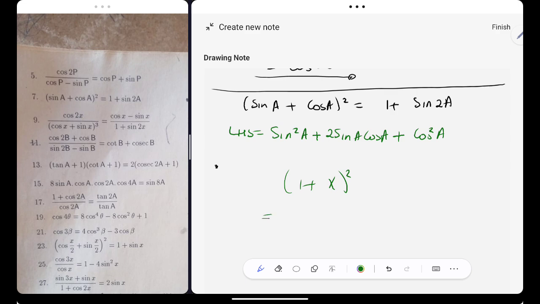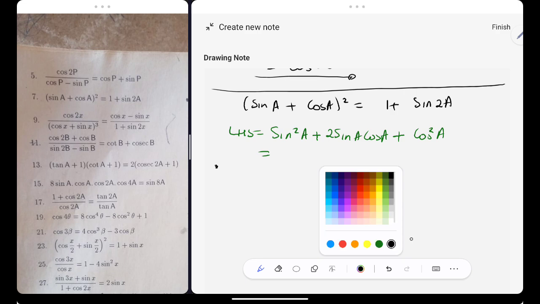Whenever I expand this, I square the first term, I'll get 1. Then for the middle term, I multiply the 2 and the x, I'll get 2x, and then I just square the last term, I'll get x squared. This is what I did here, guys. Trigonometry and algebra, guys, are the same thing. Don't get confused, okay?